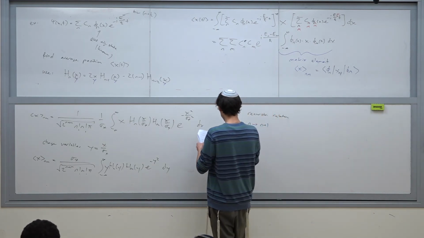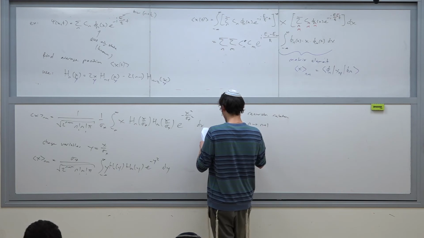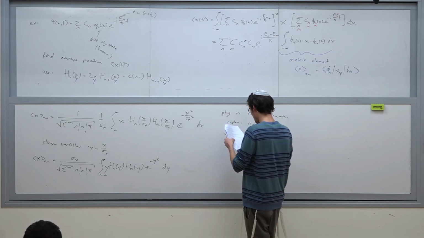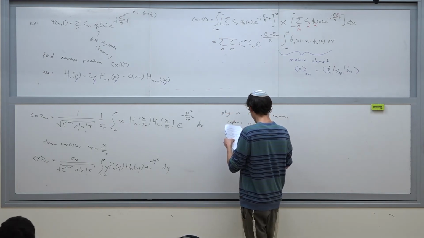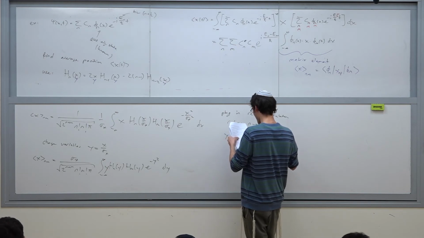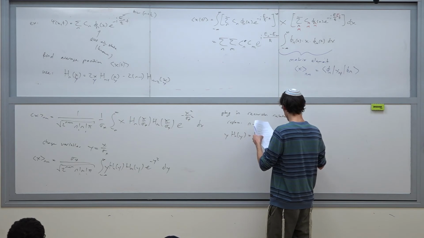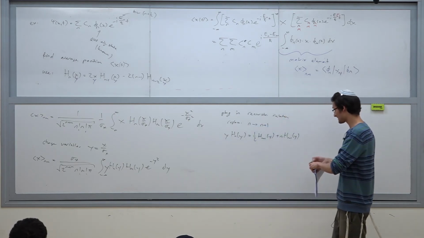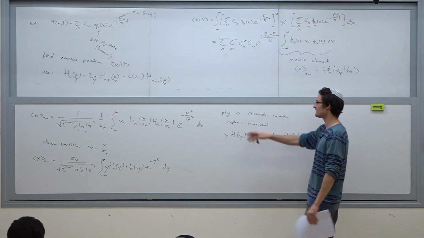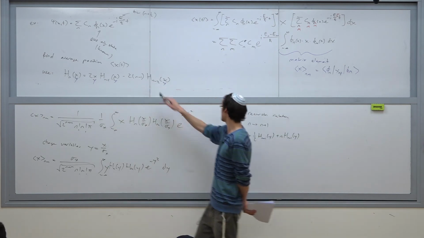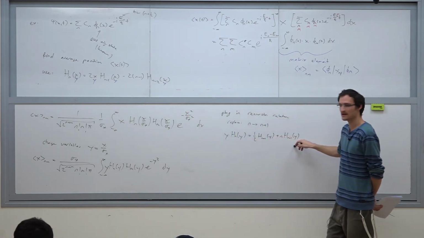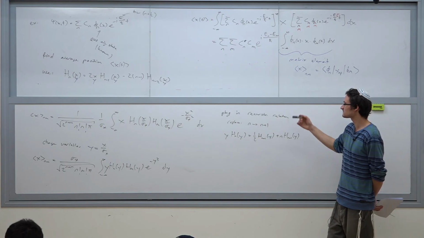And so what we get is y times Hn of y equals 1/2 Hn plus 1 of y plus n times Hn minus 1 of y. So instead of having n minus 1, n minus 2, I have n plus 1, n minus 1, because I advanced the index by 1.